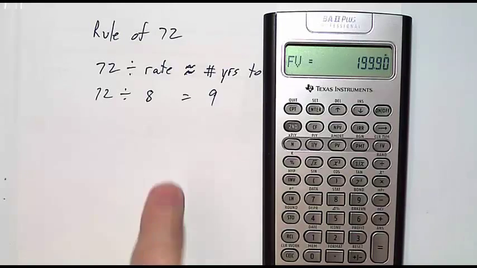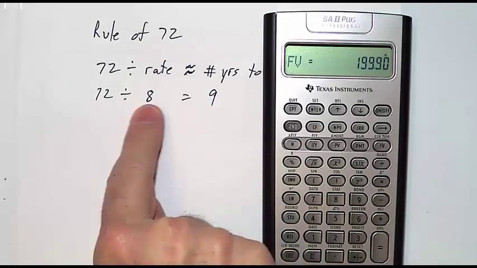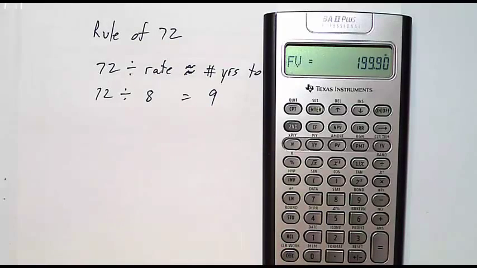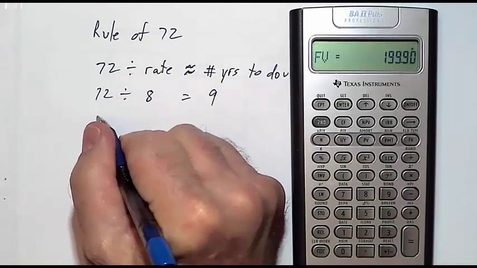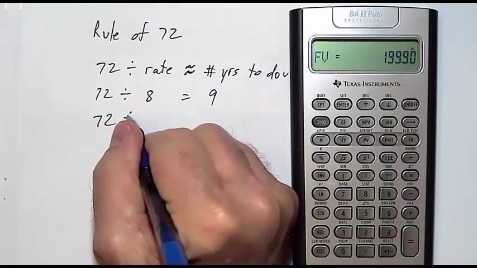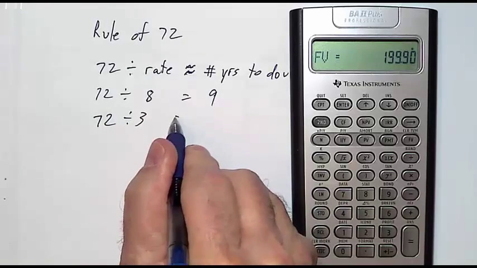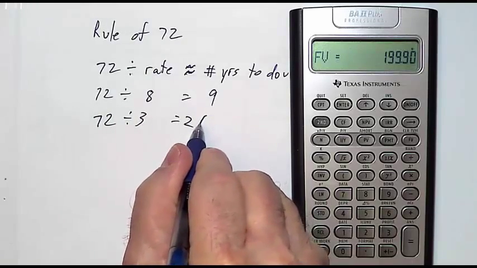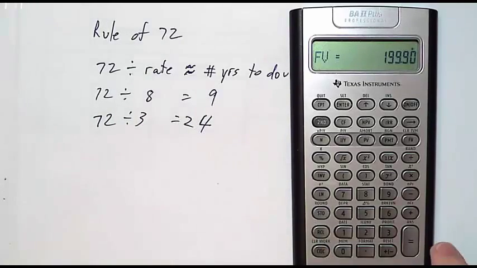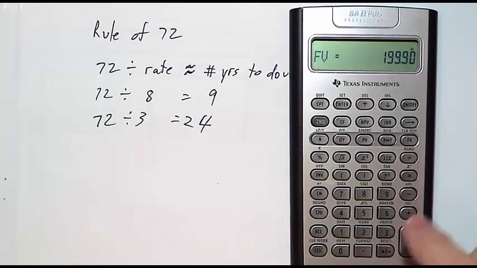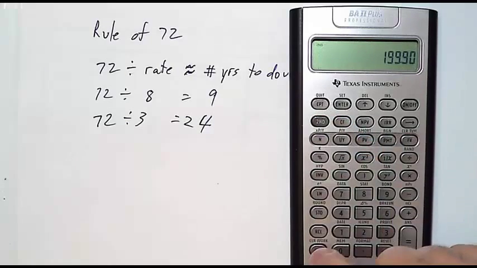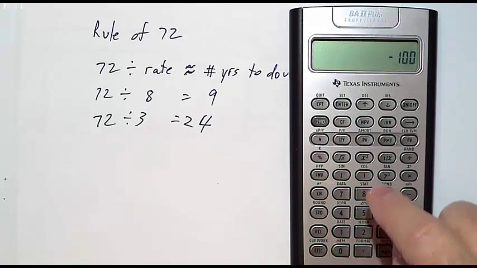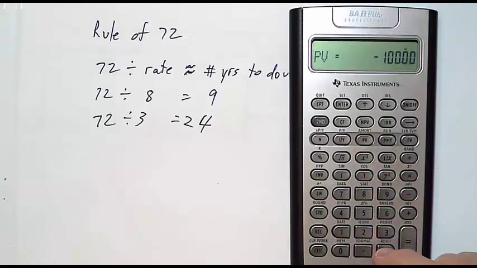Now, this works better if you have numbers that are fairly close to each other, like 9 and 8, as compared to, let's say, 3%. So 72 divided by 3 is equal to 24. Okay, well, let's try that problem. So if I have 100, change signs, and that's my present value.